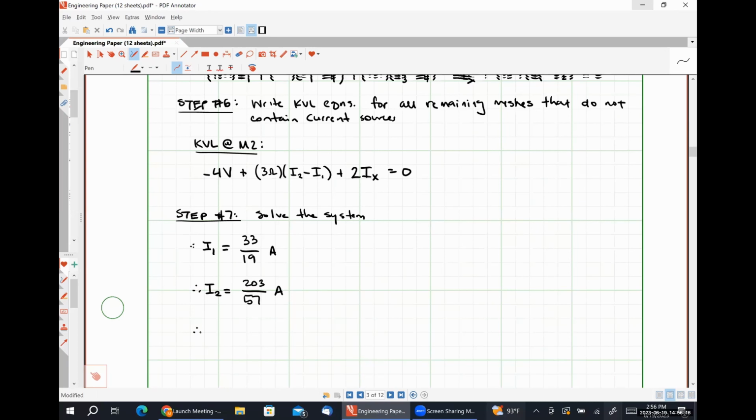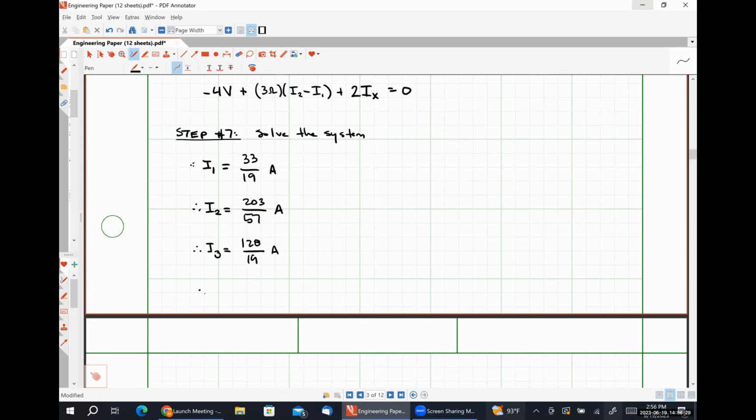I3 was equal to 128 over 19. I4 was equal to 6 amps.